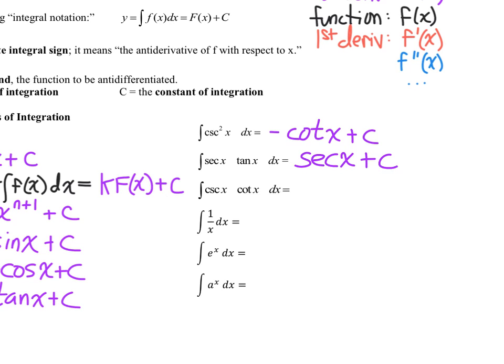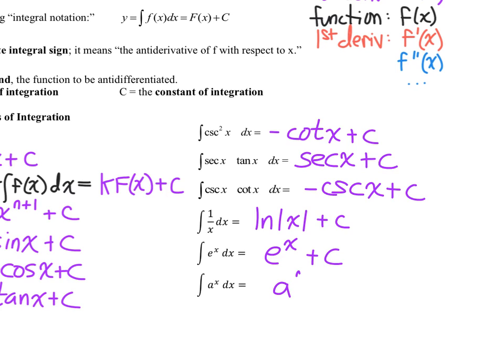Cosecant cotangent: negative cosecant x plus c. 1 over x: ln x. E to the x: e to the x plus c.